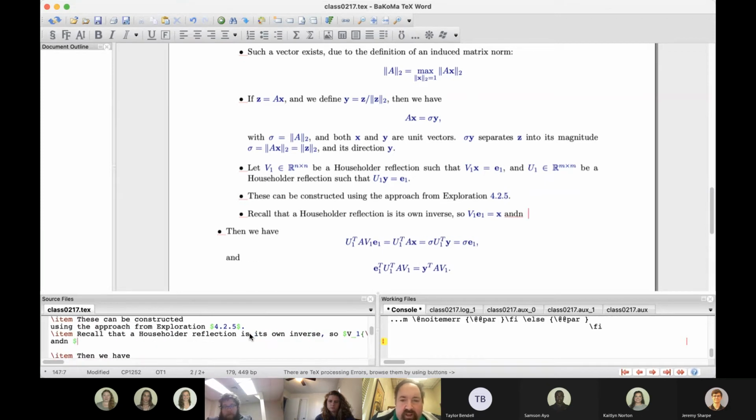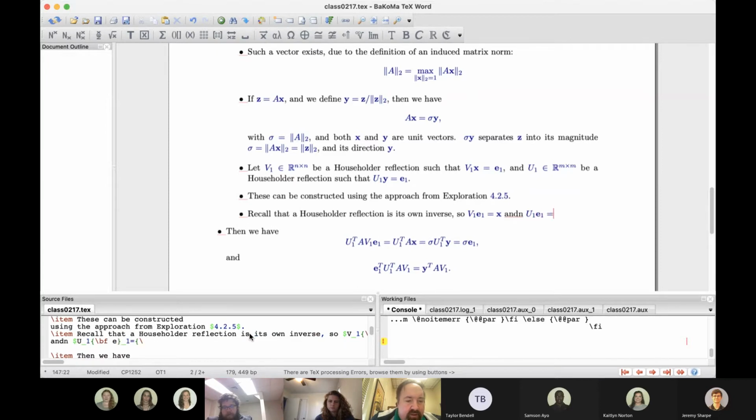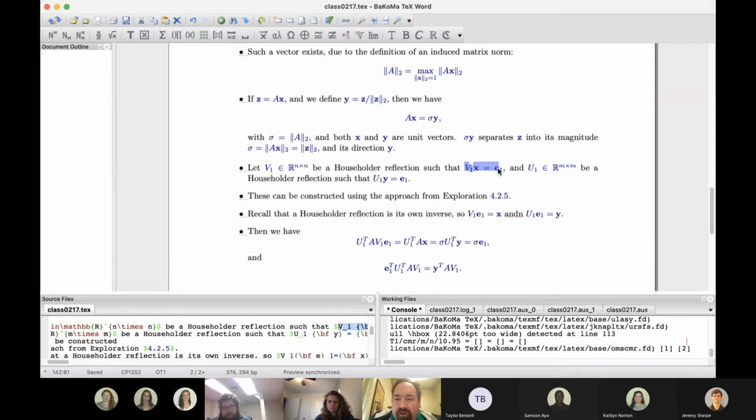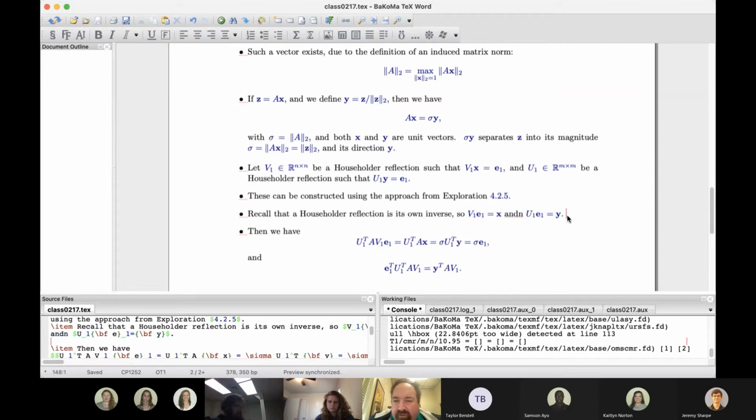And similarly, U1 e1 is equal to y. So these relationships that we have here, I can put the matrix on either side of it, and it works because a householder reflection is its own inverse. Because really what I'm doing is I could take this equation, multiply both sides by V1 inverse, and I have V1 inverse over here. But V1 inverse is V1. So that's why I can do this.